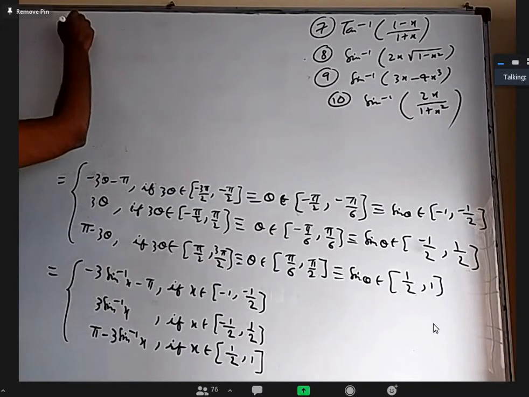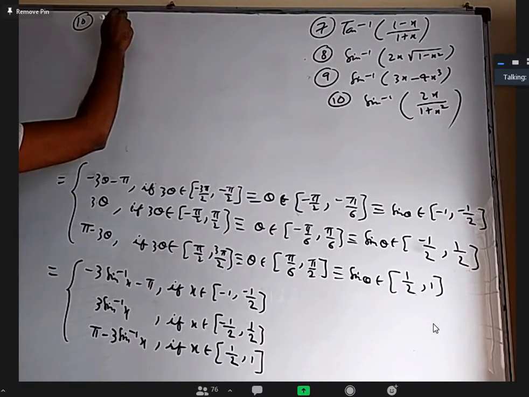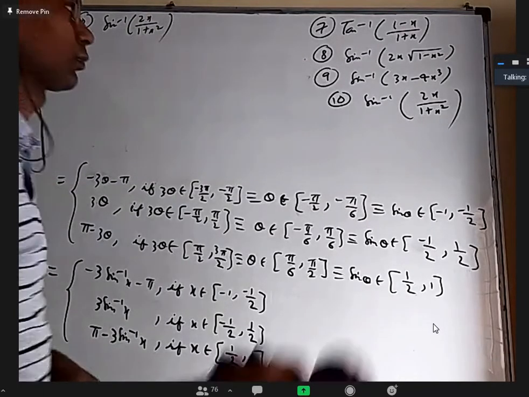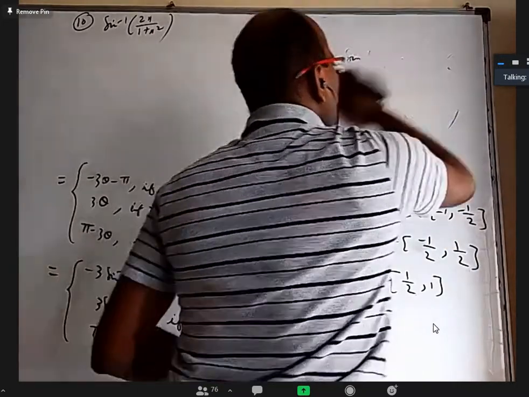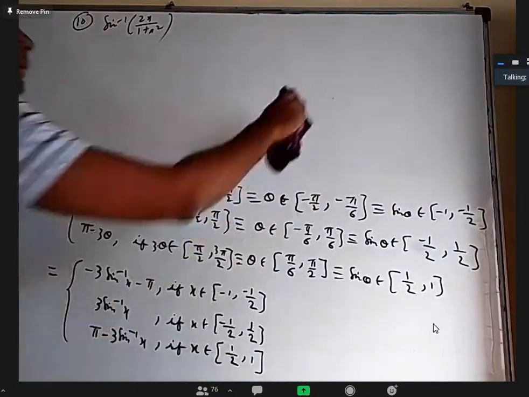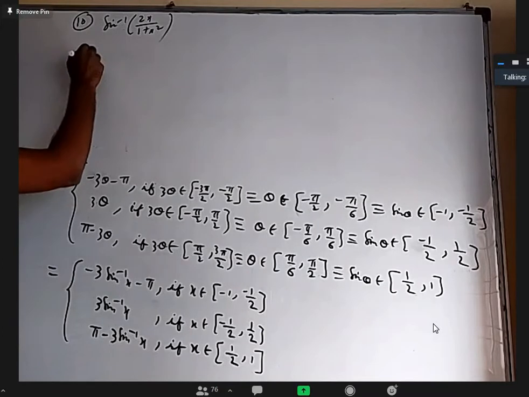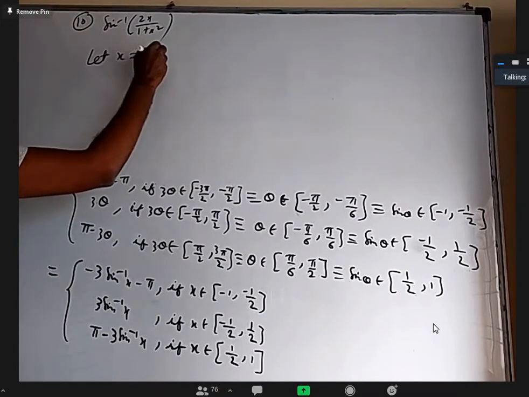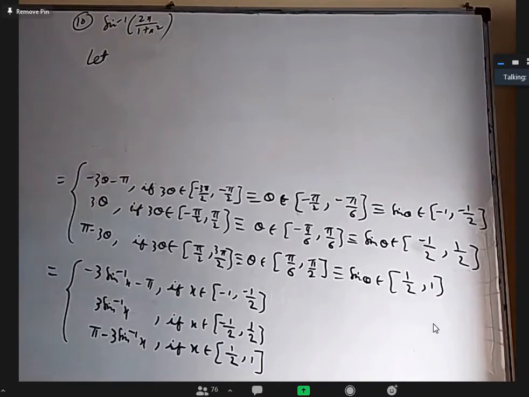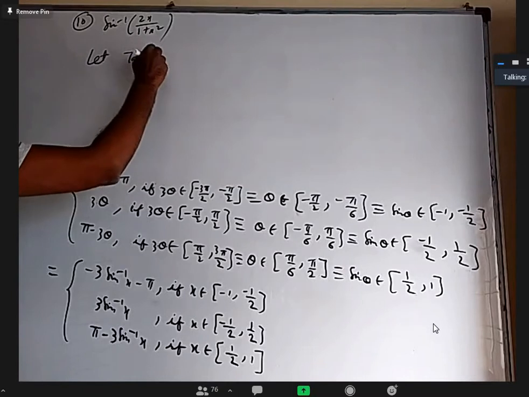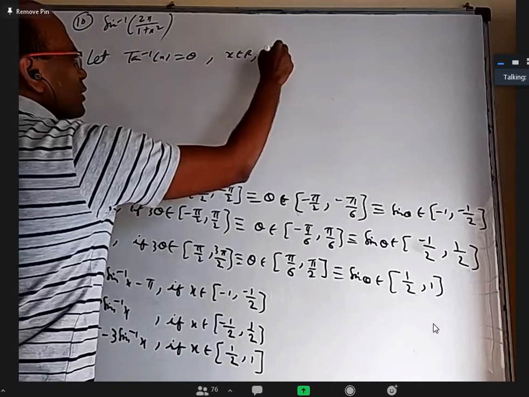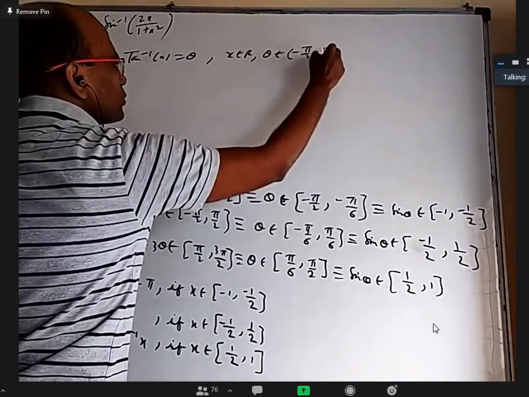Okay, the last one in this 10th one: sin inverse 2x by 1 plus x square. Let x equal tan theta, or you can say tan inverse x is theta, where x belongs to R and theta belongs to the open interval minus pi by 2 to pi by 2.